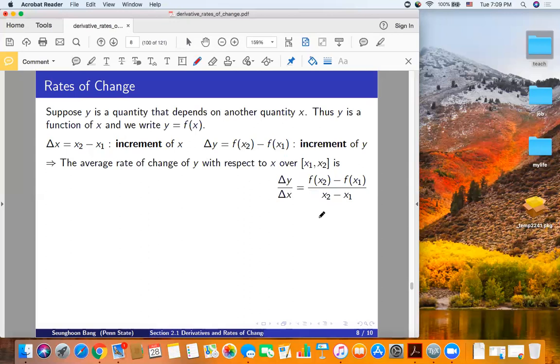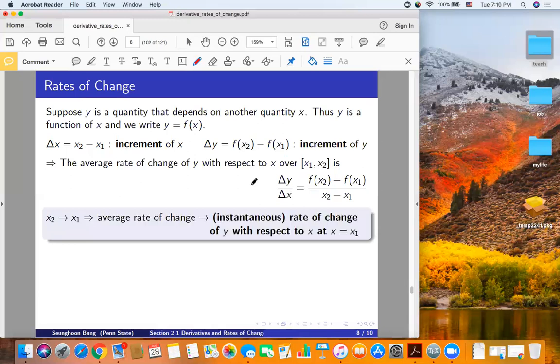We have this result. Similarly, as x2 approaches x1, what happens? The average rate of change approaches the instantaneous rate of change of y with respect to x at x equals x1. So what's the average rate of change?